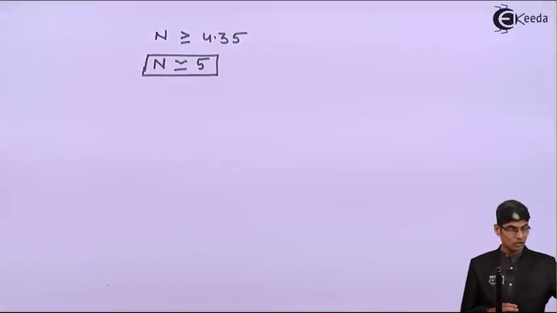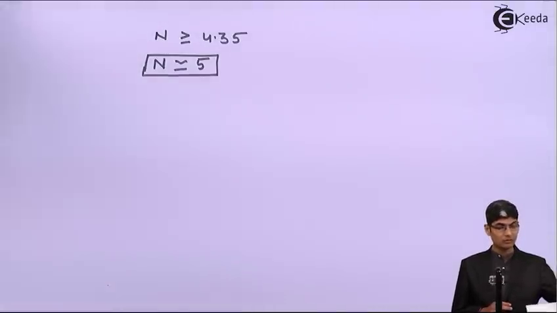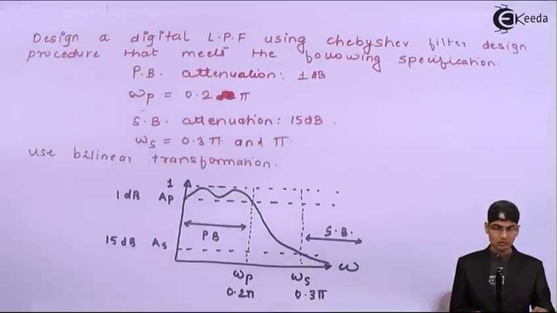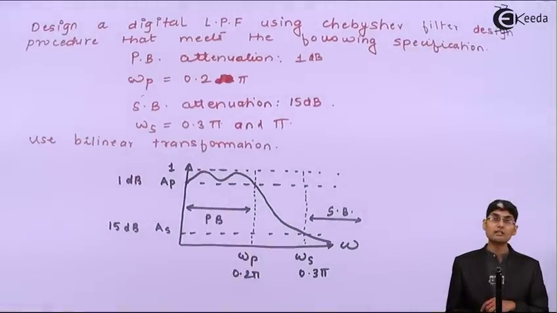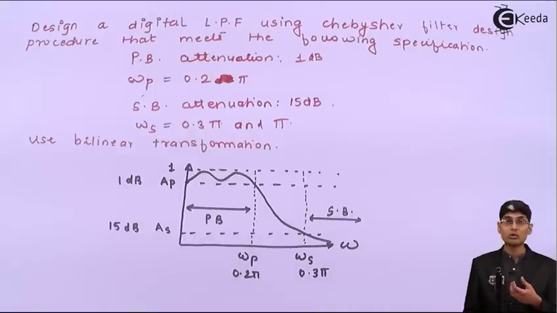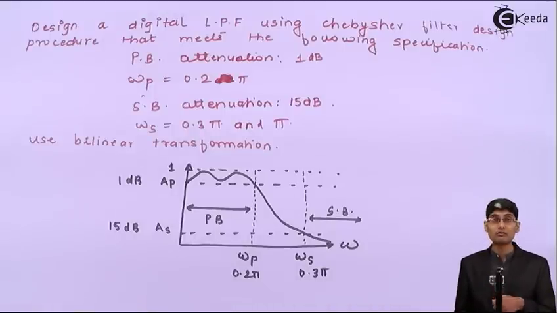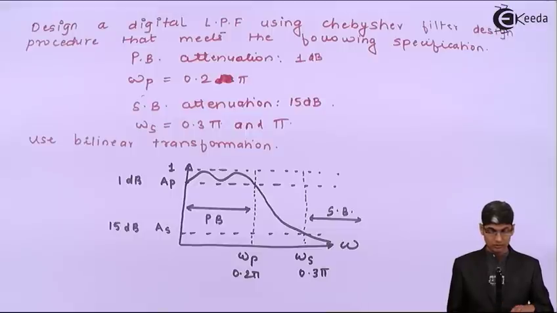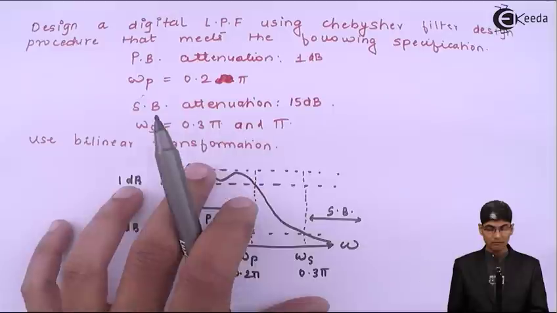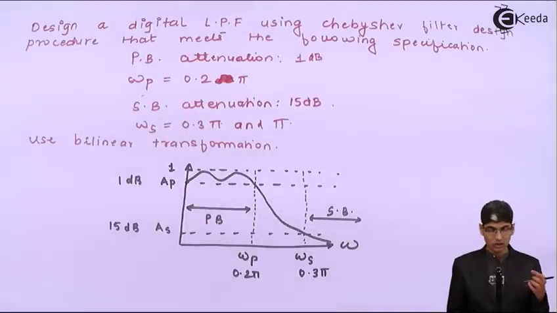Here we have shown a random number of ripples, because we did not know what order of filter was going to come out from the given specifications. But now we know that the order of the filter is 5, so I will have a total of dips, or peaks and valleys, equal to 5.